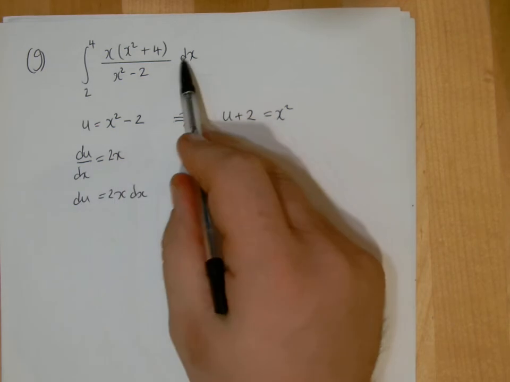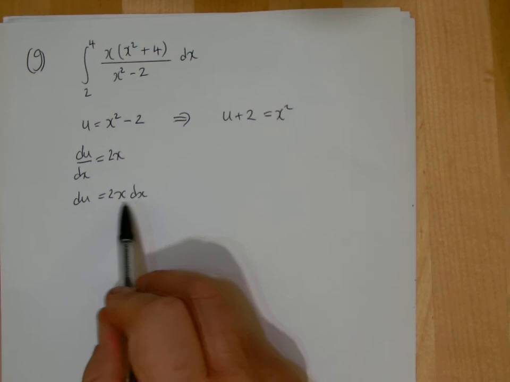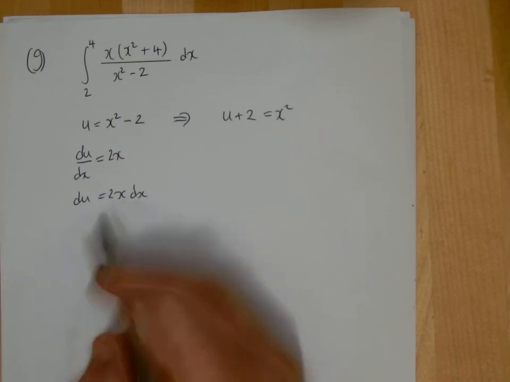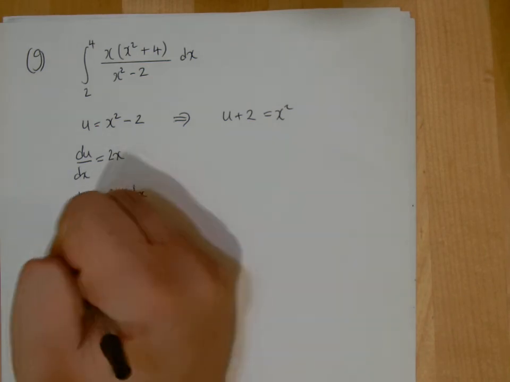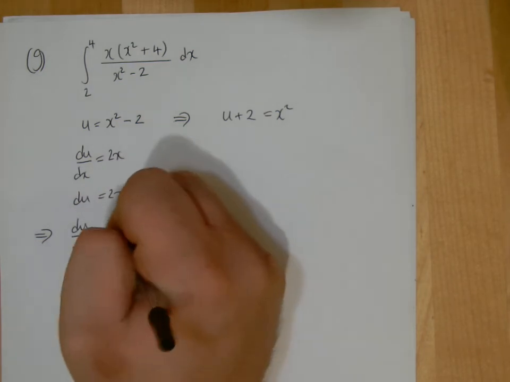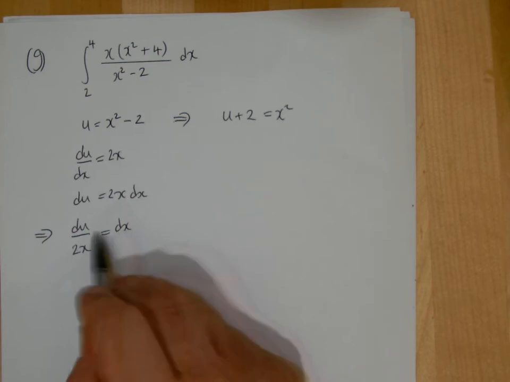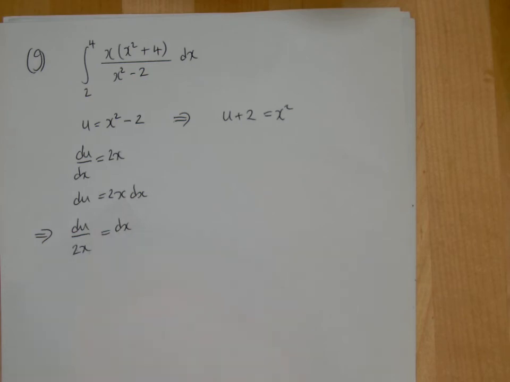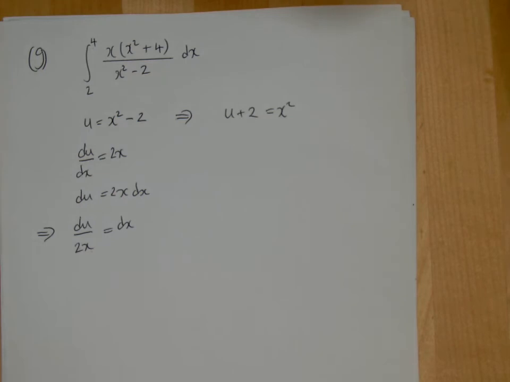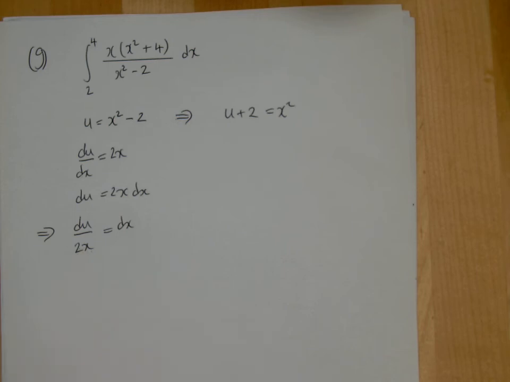But remember, I want to work out what dx is, so I've got to get dx on its own here. So I'll need to take the 2x over and divide. If I take that over, I've got an expression for dx. dx will be du over 2x. So that's what I'm going to substitute for dx. You might start to see now how that might actually help us.